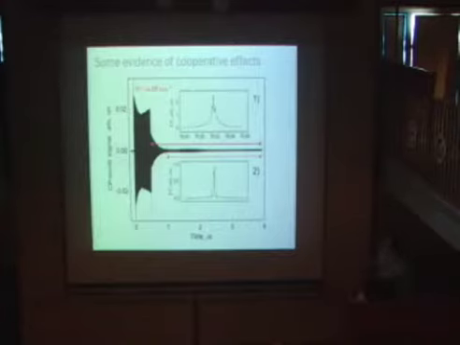So we take our highest number density, use the excitation pulse and observe free induction decay. We find two very different types of free induction decay. The early part is intense but has a short lifetime, and the later part is weak but has a long lifetime. If we do the Fourier transformation of these two parts of the radiation, we find that this one is like a Lorentz line shape, and this one is like a Gaussian line shape.